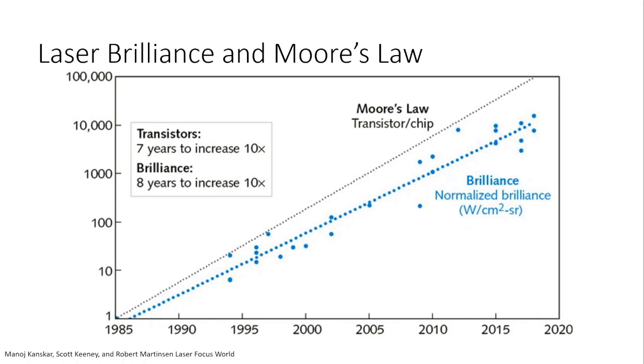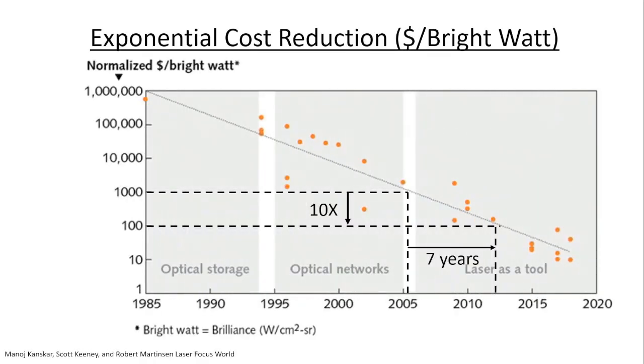And at the same time, more importantly, the cost of the laser per bright watt has been going down 10 times every 7 years. So the cost of these semiconductor lasers has gone down about 10x every 7 years. In a few years, one can expect the costs of these devices to be comparable to that of mechanical or electrical approaches, which have been traditionally cheaper.